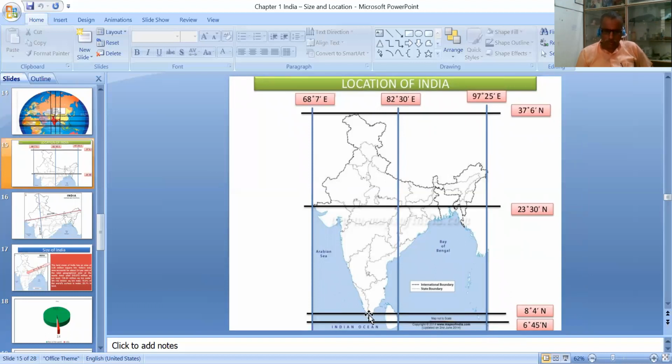Mainly it talks about the main landmass of India from Kanyakumari to Srinagar, Jammu and Kashmir. So 8.4 degree north latitude to 37.6 degree north latitude is the expansion of the Indian mainland we can identify.